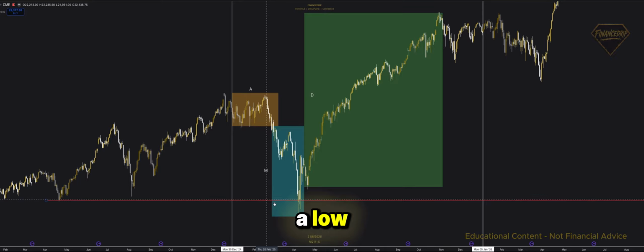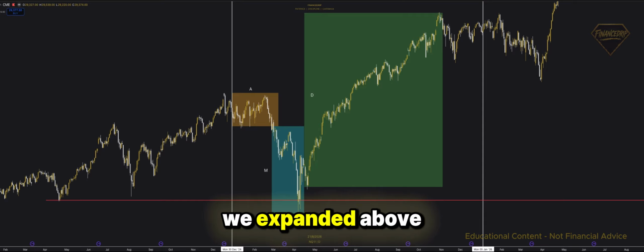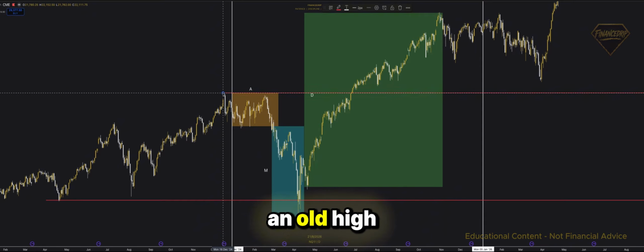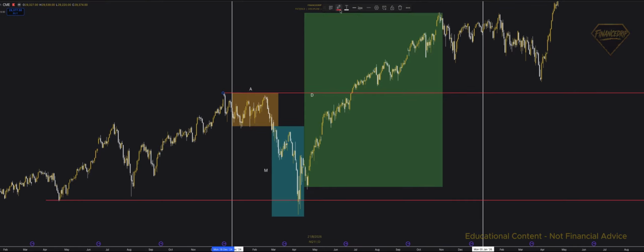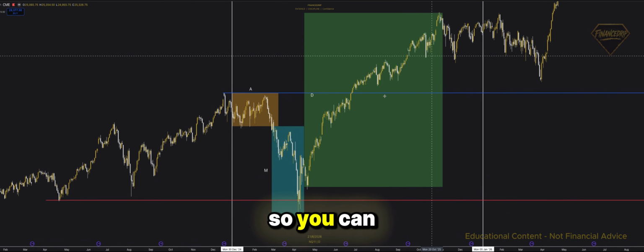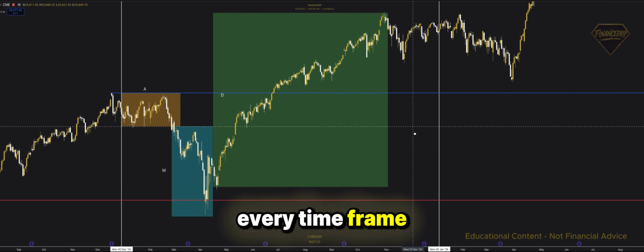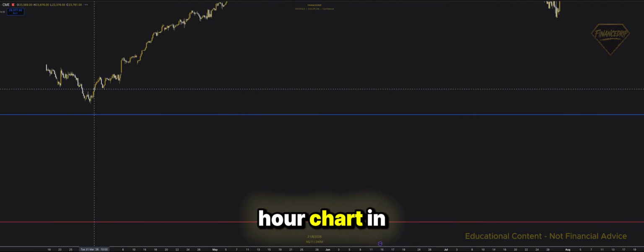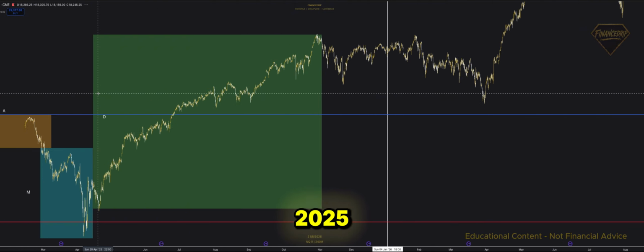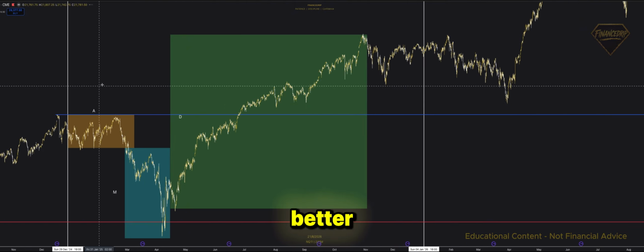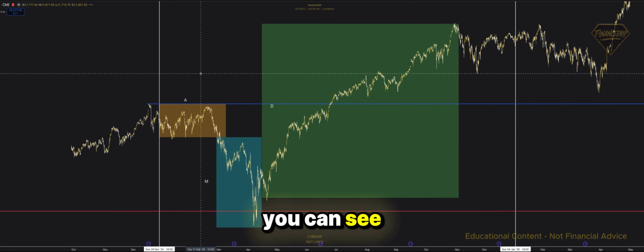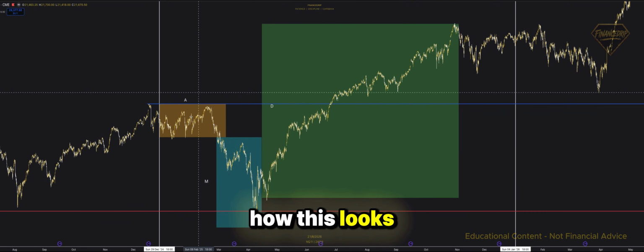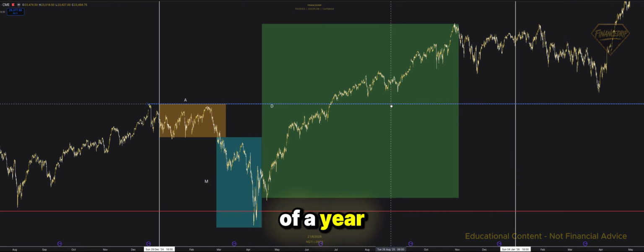We took out a low, we reversed, and we expanded above an old high, which is here, and built a new high. So you can find it in every time frame. If we go to a 4-hour chart in 2024, this gets even better. You can see how this looks over the period of a year.